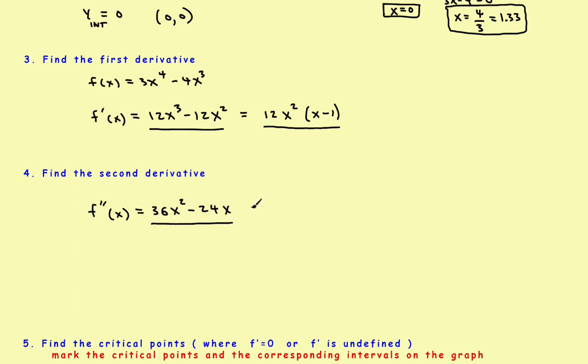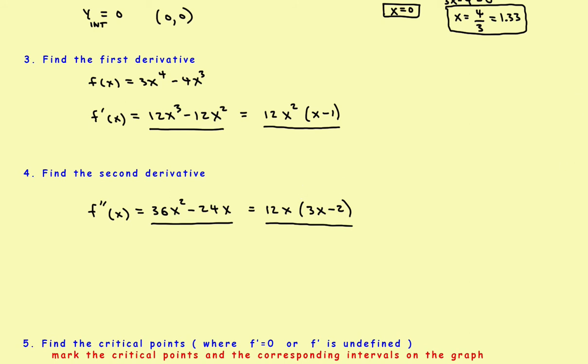Now again, as far as determining things like concave up and concave down, it'll be easy to work with these things in factored form, so let's go ahead and factor this one too. So out of this one, I can factor out a 12x, and that's going to leave me with a 3x minus 2. So again, when I do these, I find it's generally easier to work with a factored form of the derivative. So you've got first and second derivative out of the way.